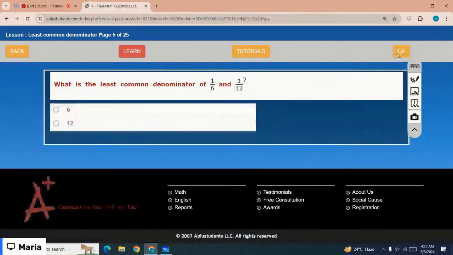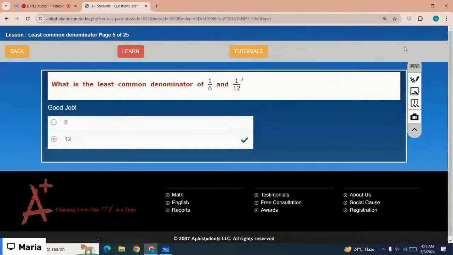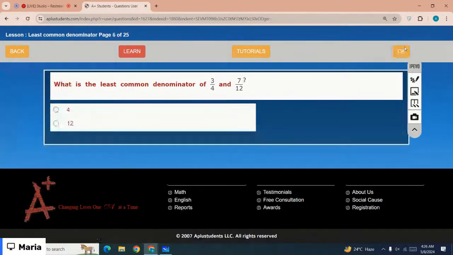What is the least common denominator of 1 over 6 and 1 over 12? Which is the correct option? Yes, 12 it is. What is the least common denominator of 3 by 4 and 7 over 12?